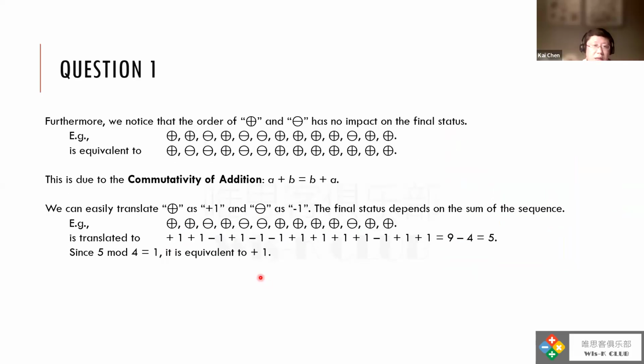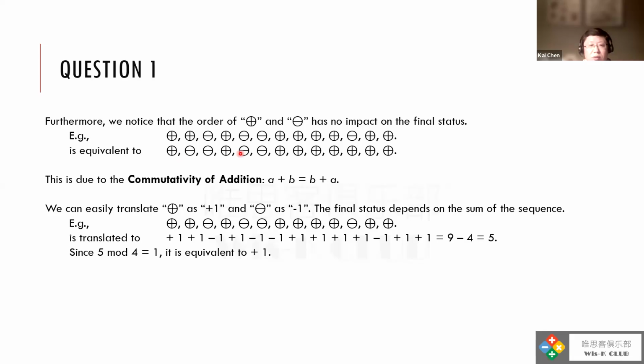So you see already here, we can have plus and minus, and the order of plus and minus does not matter. So we can always switch these orders, if we have the same number of plus or the same number of minus in this sequence.